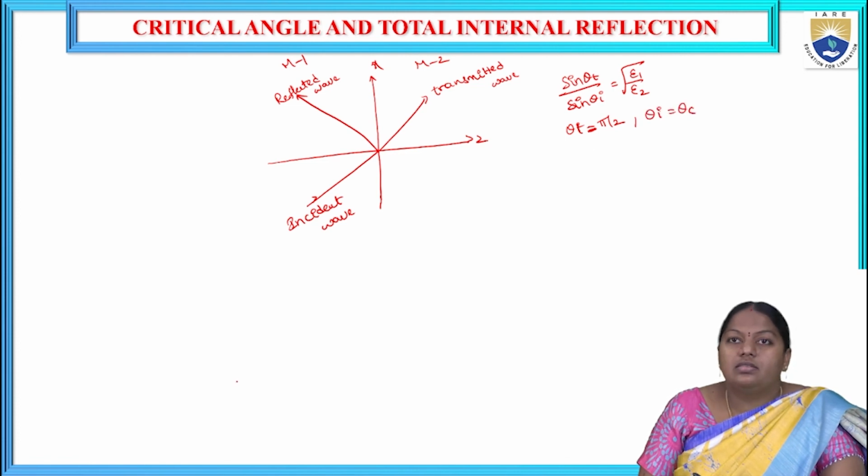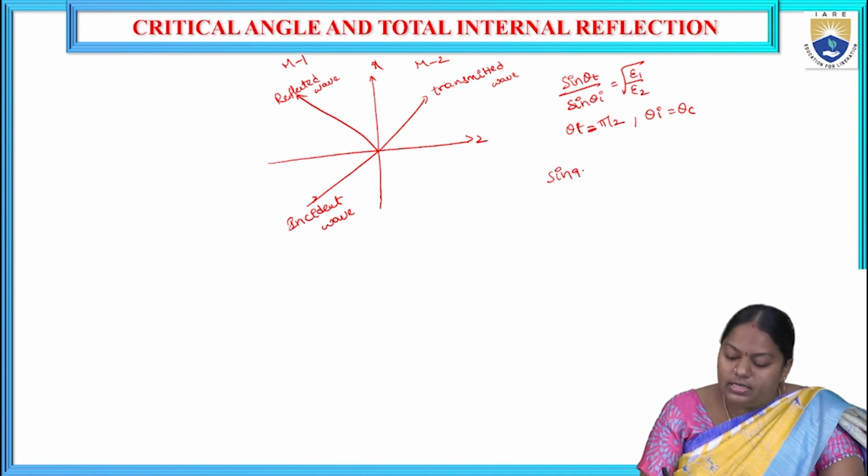Sin theta t equal to pi by 2 and theta i consider as theta c. Now if you substitute here theta t equal to pi by 2 and theta i equal to theta c, this relation is obtained as sin 90 by sin theta c equal to epsilon 1 by epsilon 2.